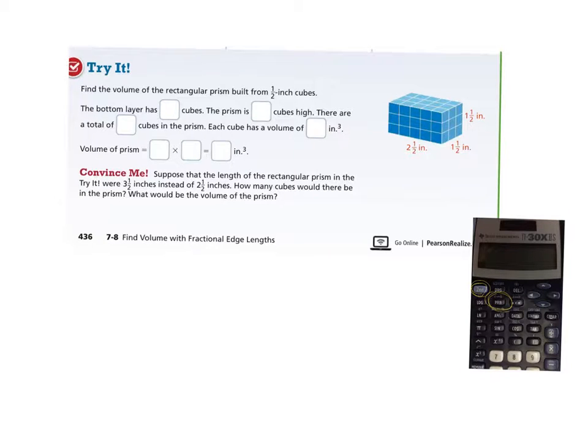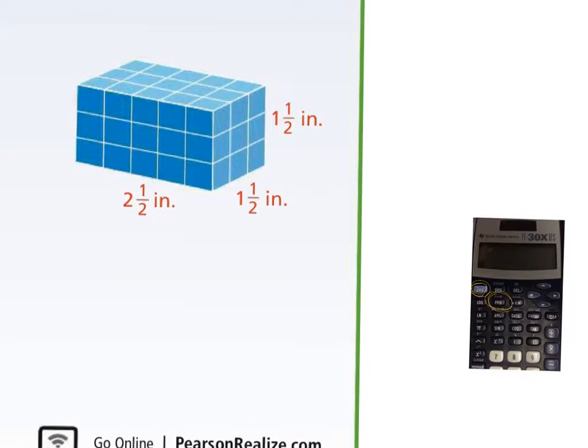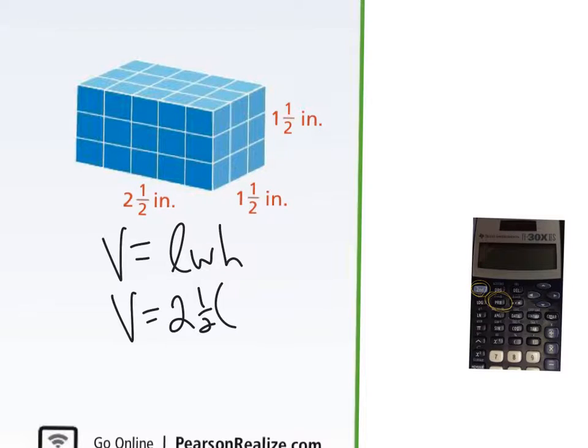So if we look at the try it, they want us to find the volume of a rectangular prism built from 1/2 inch cubes. So we can just look at our picture here. Just like we did on the last problem, we can do length times width times height. Our length here, you might say is 2.5.